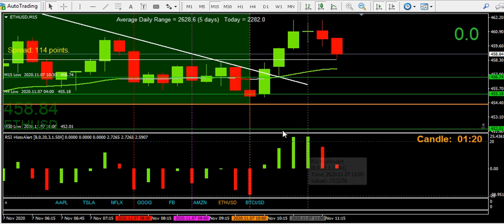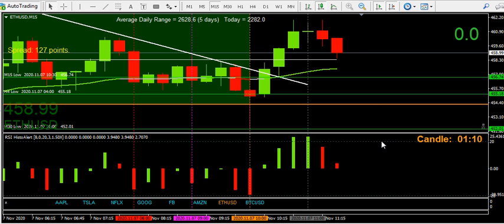So the only way we can get an idea of what's going on is to look at the lower time frames, which is why I use multi-time frame analysis. So a close below there, then a pullback, and then a continuation.